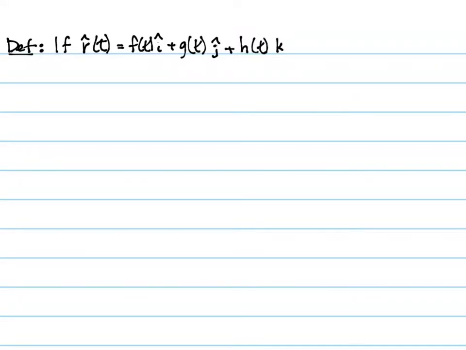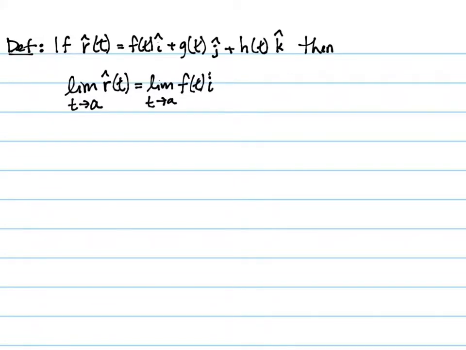So if r of t is as we have been defining it, f of t i plus g of t j plus h of t k, then the limit as t goes to a of r of t equals the limit as t goes to a of f of t i plus the limit as t goes to a of g of t j plus the limit as t goes to a of h of t k.